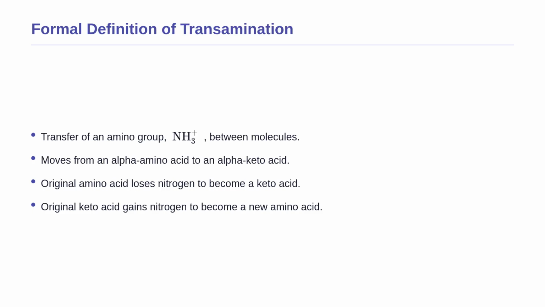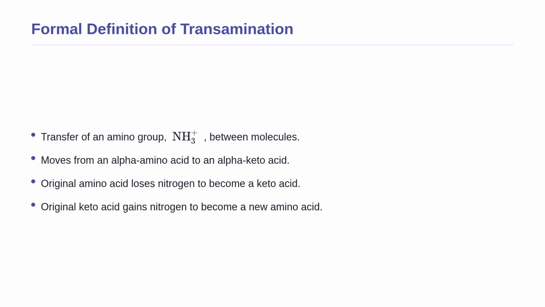With that intuitive understanding in mind, let us look at the formal biochemical definition. Transamination is a specific chemical reaction where an amino group, which contains nitrogen, is transferred from an alpha amino acid to an alpha keto acid.